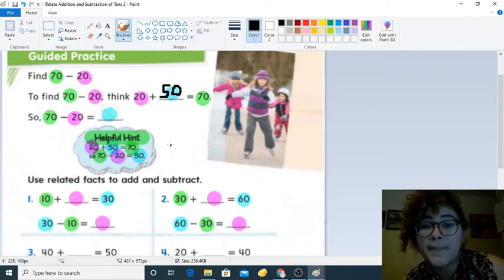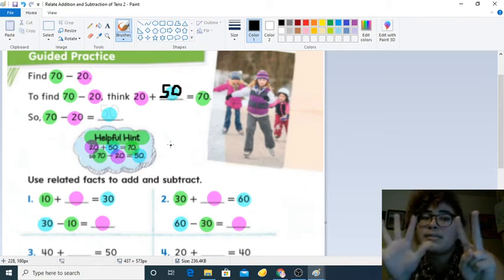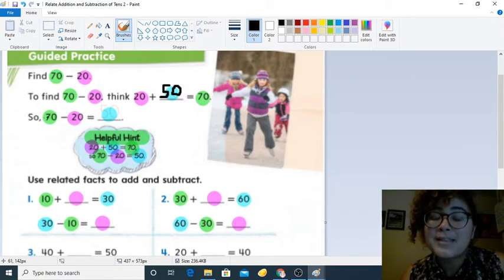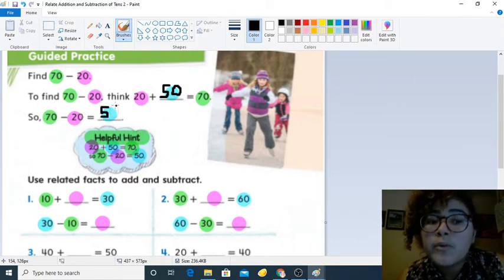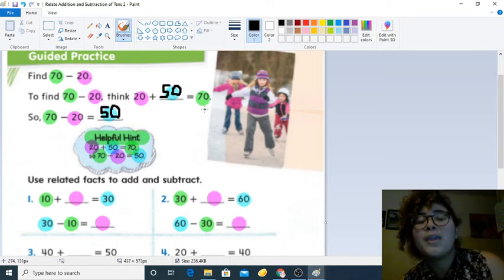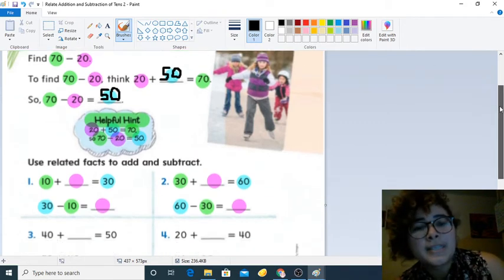Or if you're doing it by tens, 2 plus 5 equals 7. So we would be able to find that 70 minus 20 equals 50. But for those of you who can't know right away what plus will give you the final answer, you can also do the subtraction first, which makes things a lot easier.